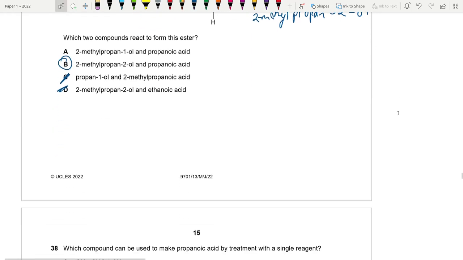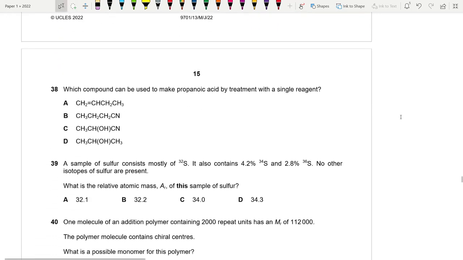37 is B. 38. Which compound can be used to make propanoic acid by treatment with a single reagent? Okay, so basically with a single reagent, how can we make propanoic acid? Acid hydrolysis of this results in butanoic acid because it has 4 carbons.